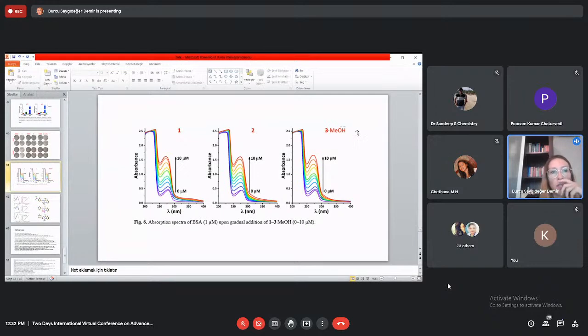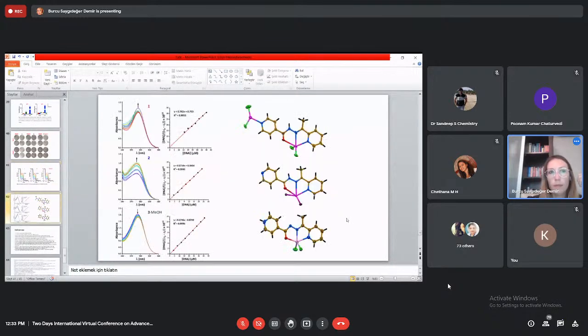The change in the absorption band of BSA in the presence of the complex indicates that the complex-BSA interaction is in the form of static quenching. In addition, we have proven the binding of these drugs to DNA, and we determined the type of binding they do with DNA.